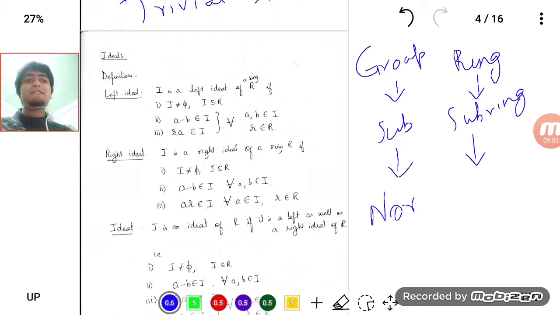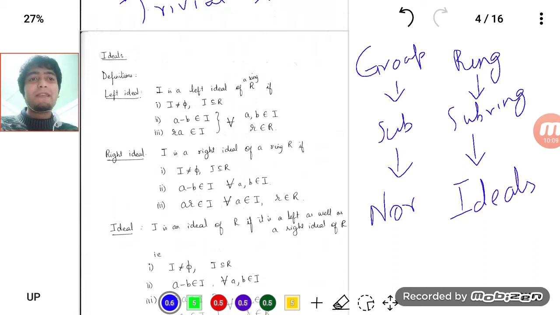In place of a normal subgroup, we will be having ideals. In place of normal subgroups, we will have something that is called an ideal. It behaves similarly to a normal subgroup, but it's just that in the case of rings, we will be calling it ideals. Okay, so let's see the definition.